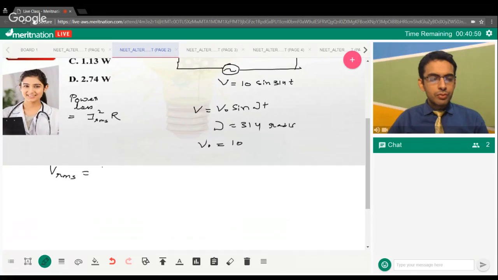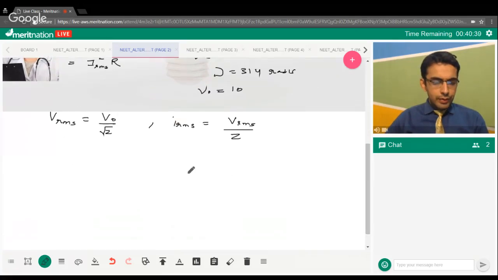Vrms is equal to V naught by root 2 for the AC, and next, IRMS is equal to Vrms over the impedance Z. So ultimately you'll get the formula: power loss is equal to Vrms by Z whole square into R.